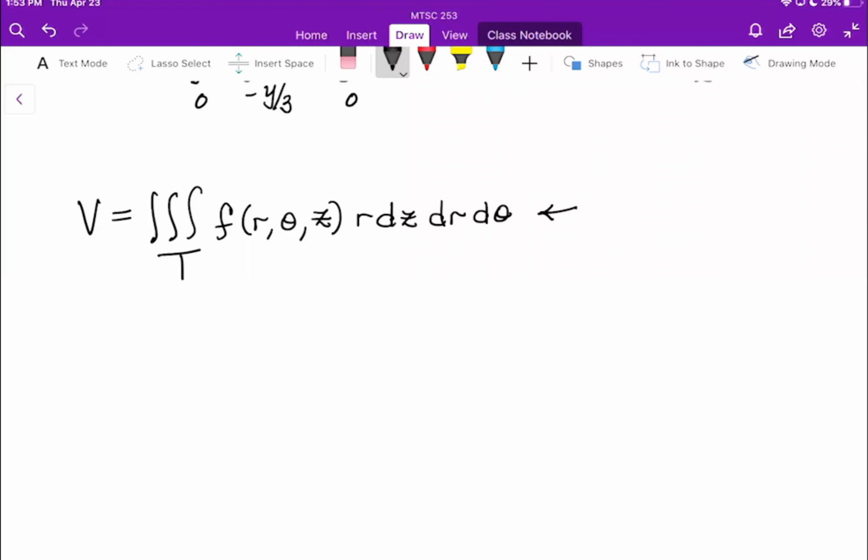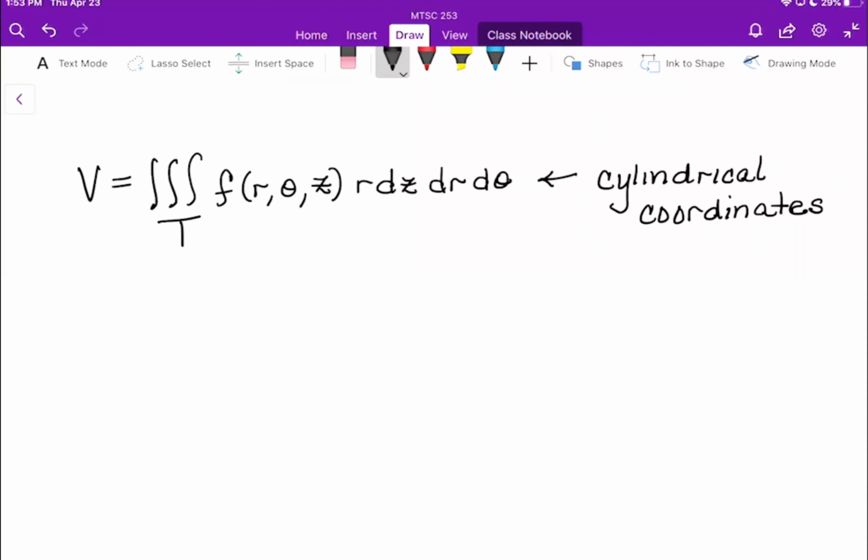This is actually called cylindrical coordinates. Because once you add a z component to something that looks like a circle, you have a cylinder. So that's actually cylindrical coordinates.